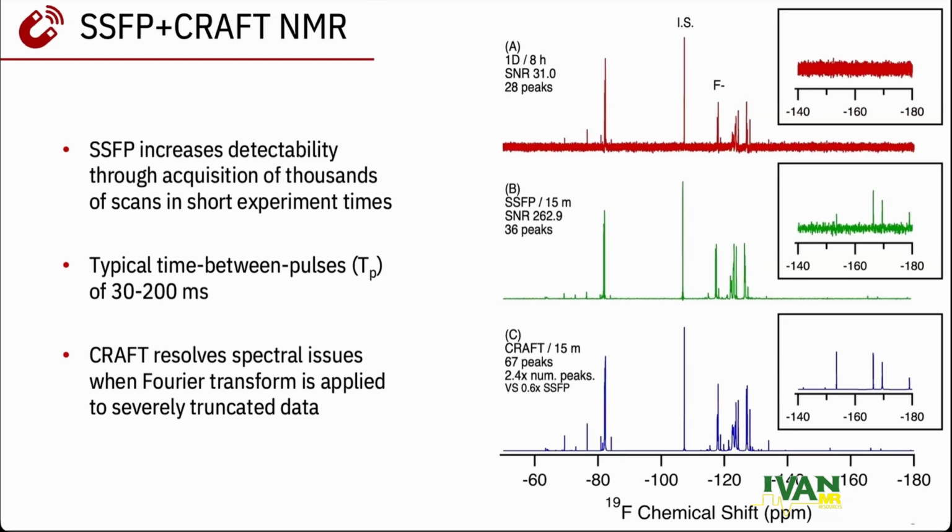And CRAFT is able to cut through all that and give us really beautiful spectra with increased detectability of things as well. Right? So we're seeing more things in the sample in much shorter experiment times, which is exactly what we need for environmental NMR at trace concentrations.